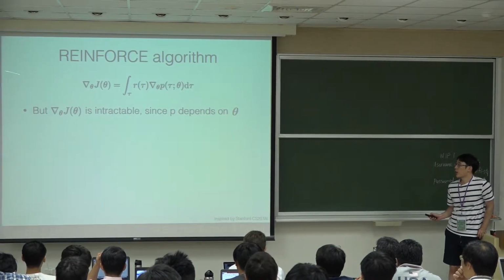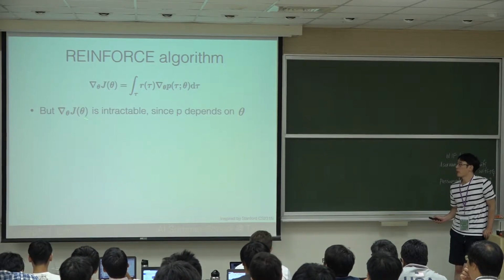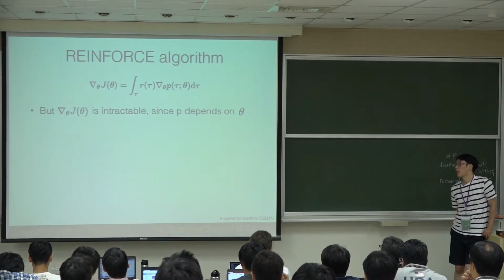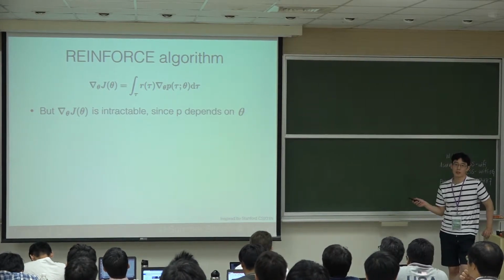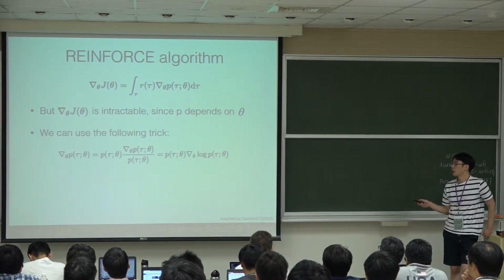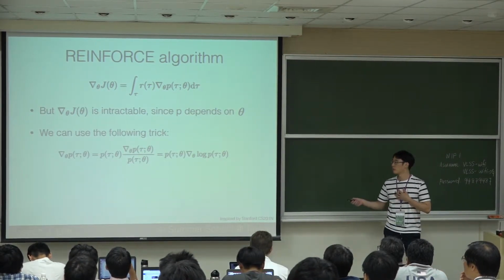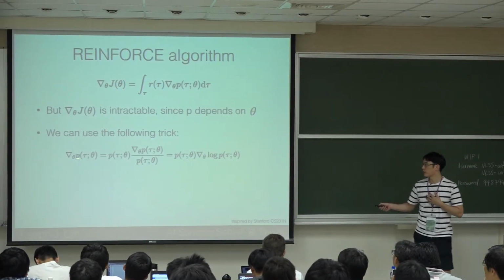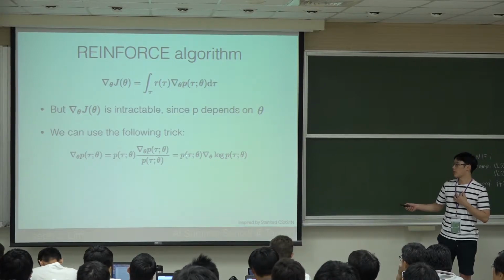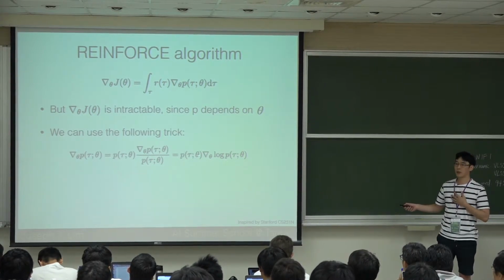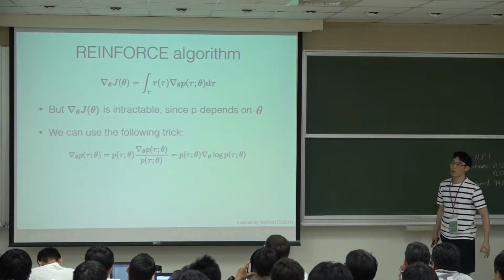If you look at this gradient again, the gradient of J theta is intractable, because P depends on theta. We just have to expand it out a little bit more. This is again an algebraic trick: the gradient of this probability becomes the probability times the gradient of the log probability. You can go home and follow the trick.